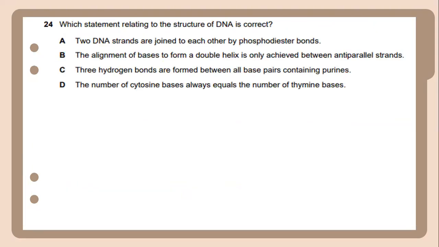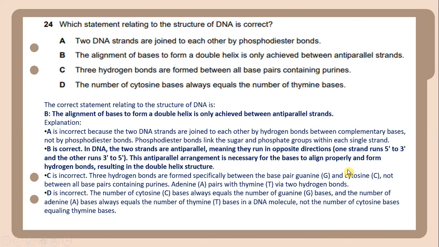24. Which statement relating to the structure of DNA is correct? The correct statement is B, in DNA the two strands are anti-parallel, meaning that they run in opposite directions.